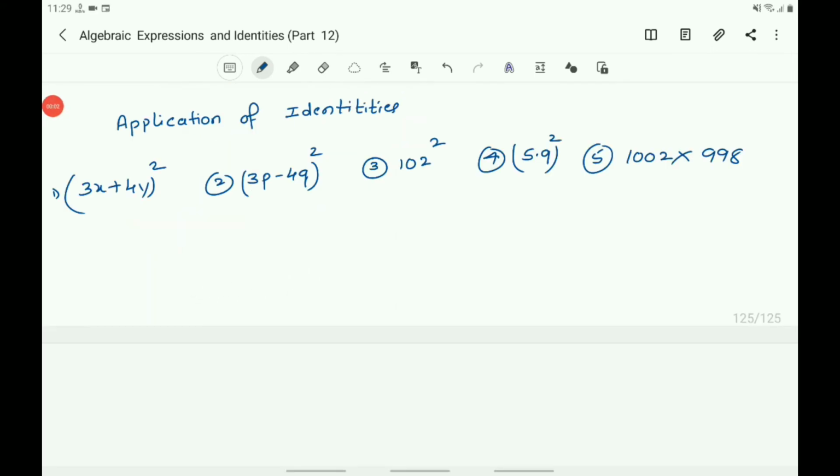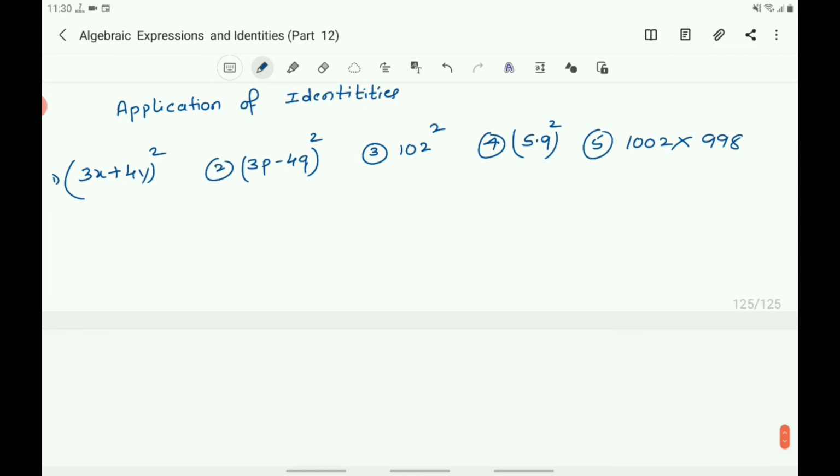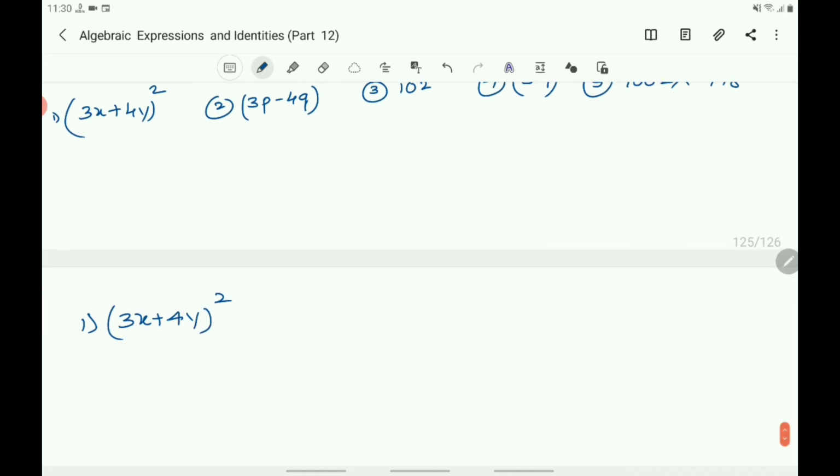Now let us apply the identities to expand the following and to find the following. First one, you take 3x plus 4y whole square. Now you write the identity here, first term plus second term whole square.